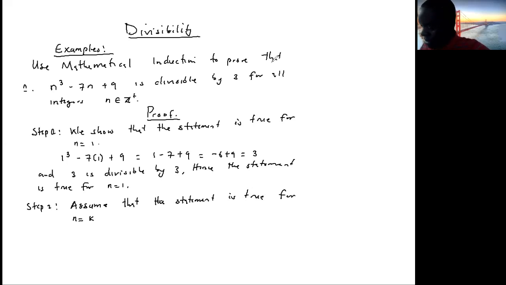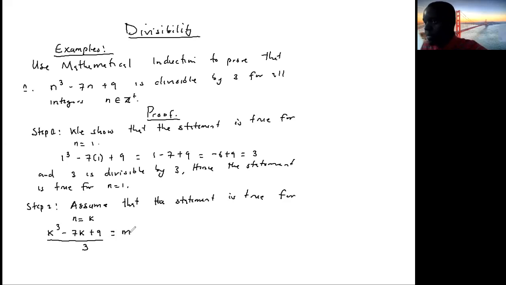Okay, don't worry about that. So assume that the statement is true for n is equal to k. So for n is equal to k, we have k to the power 3 minus 7k plus 9. Now to assume that the statement is true, you must assume that you can divide this by 3 and get a whole number. So suppose the whole number is m.